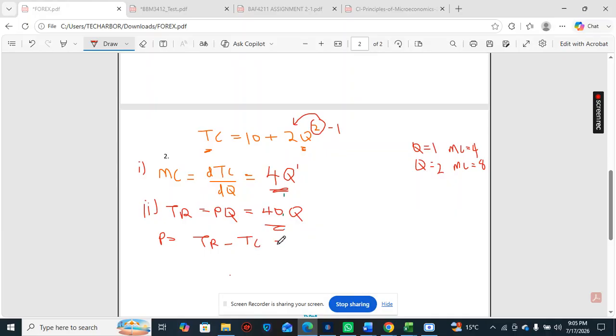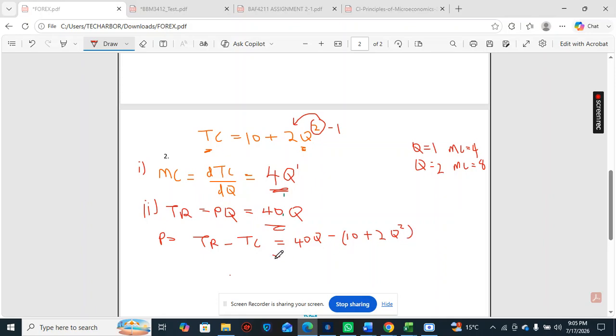So our total revenue was 40Q minus total cost, put it in brackets like this, 10 plus 2Q squared.